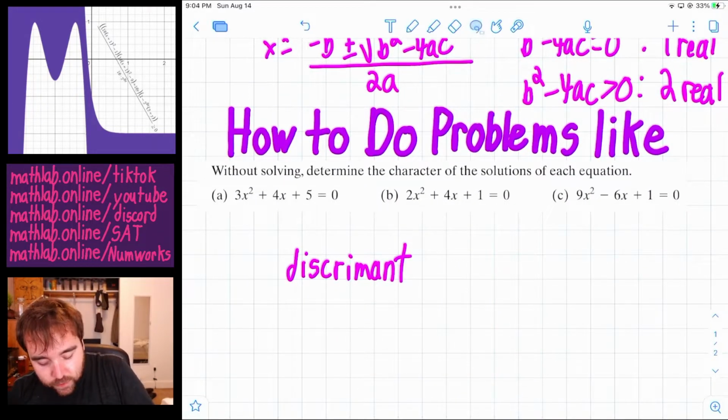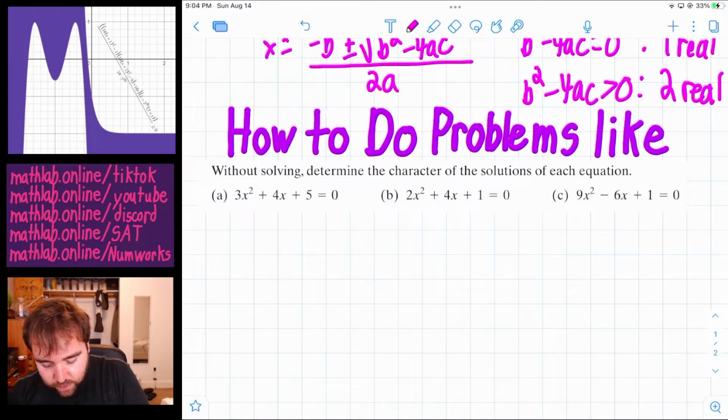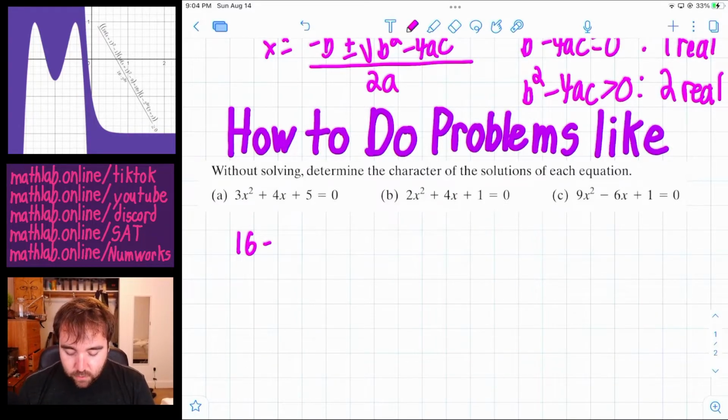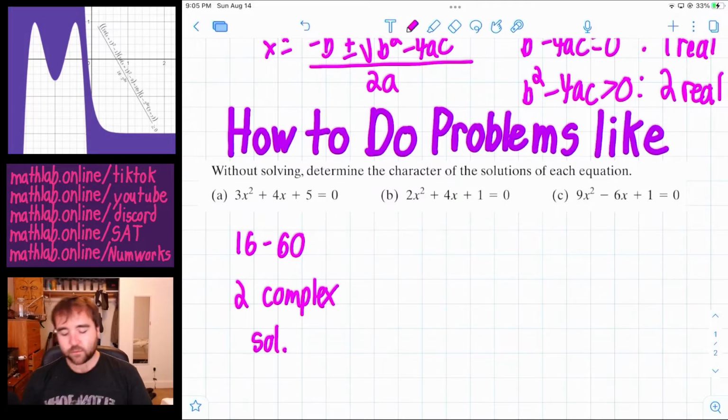So let's do it. So we've got b squared minus 4ac. 4 times 3, 12 times 5, 60. So that is negative. So there are two complex solutions. Easy as that.